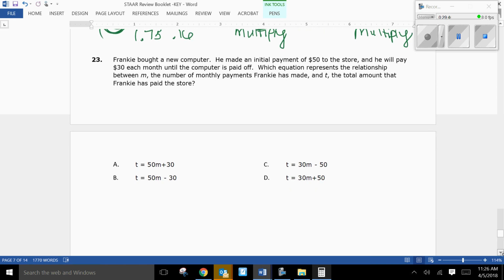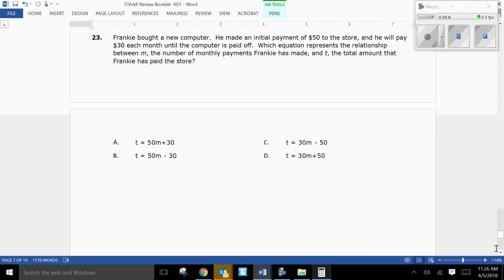Okay, last question, number 23. Frankie bought a new computer. He made an initial payment of $50 to the store and he will pay $30 each month. Which equation represents the relationship between the number of monthly payments Frankie has made and the total amount that Frankie has paid the store? Okay, so if I look at this, I first noticed that it says $30 each month.